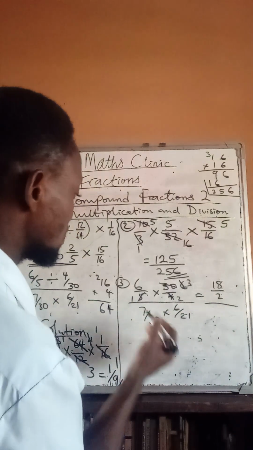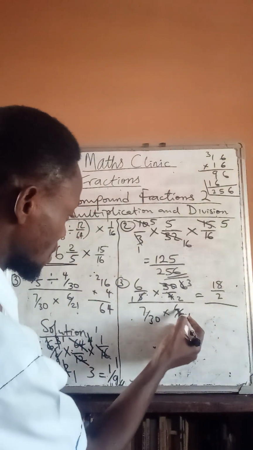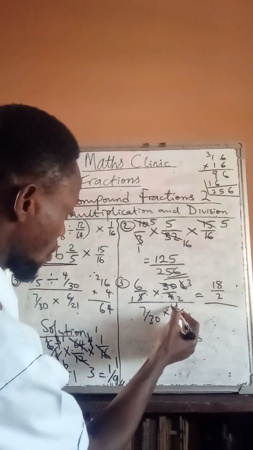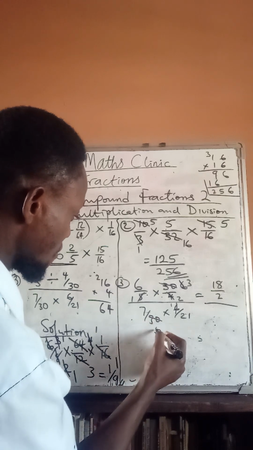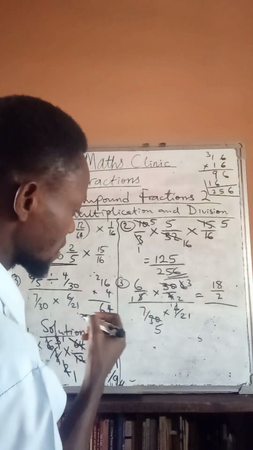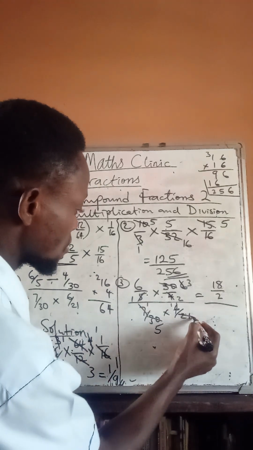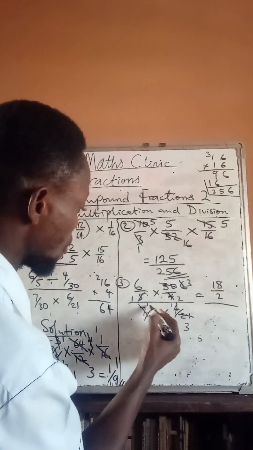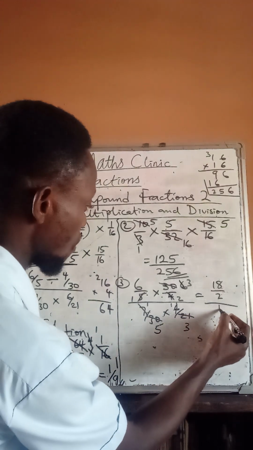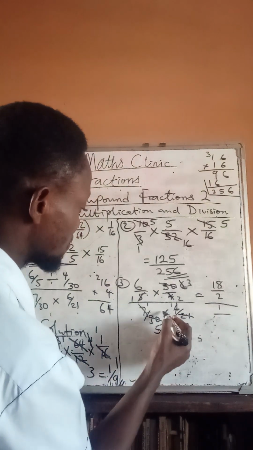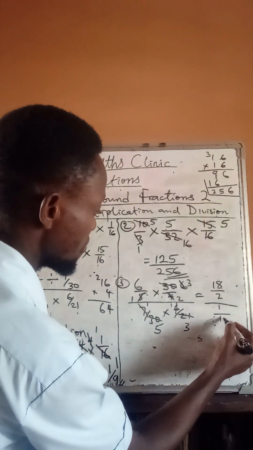Now the denominator, 6 can divide. 6 here, 1. 6 in 30 is 5. What else can divide? 7 here, 1. 7 in 21 is 3. So here we have 1 times 1 gives you 1 all over 5 times 3 gives you 15.